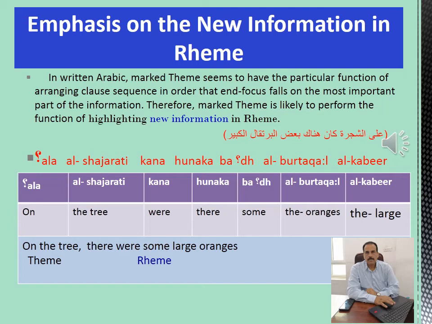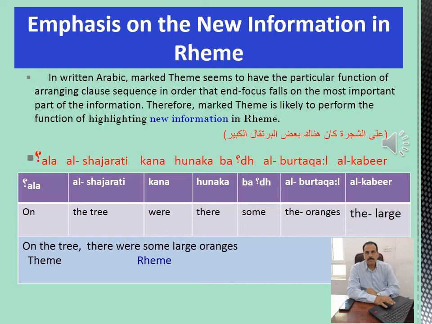على means on. الشجرة, the tree. كان means was. هناك, there. بعض, some. البرتقال, the oranges. الكبير, the large. So, على الشجرة كان هناك بعض البرتقال الكبير.